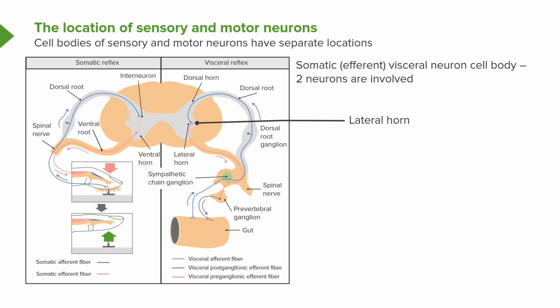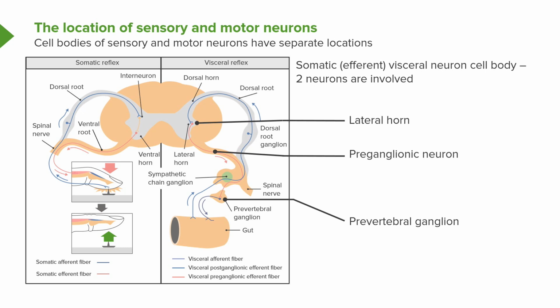So we've labelled it here on this diagram. Make sure you can recognise that lateral horn. And in that lateral horn is going to be the very first neuron, neuron number 1. And it's called a preganglionic neuron. Preganglionic because it travels to a ganglion, a group of cell bodies, and interacts with the second order neuron, the postganglionic neuron.